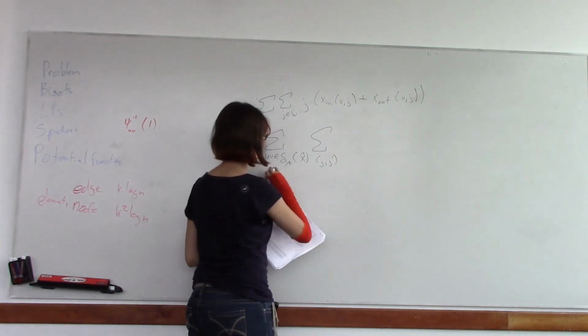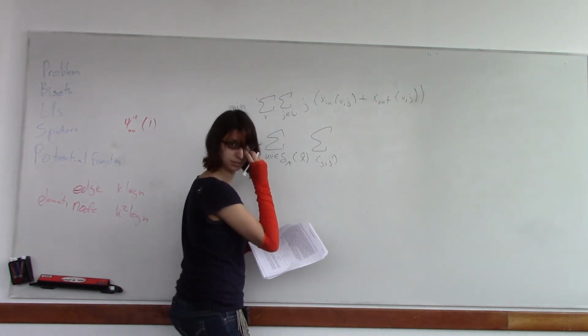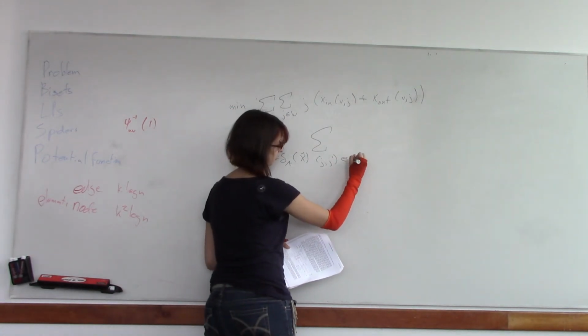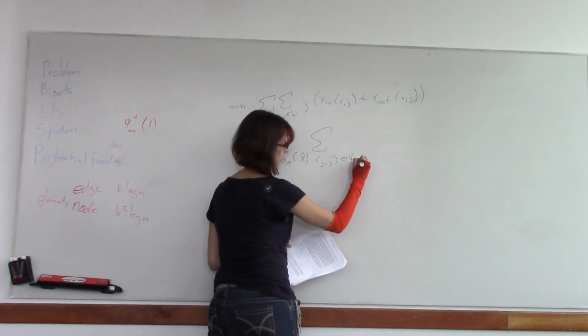This is the same thing we looked at before, edges crossing the biset, which are actually activated.